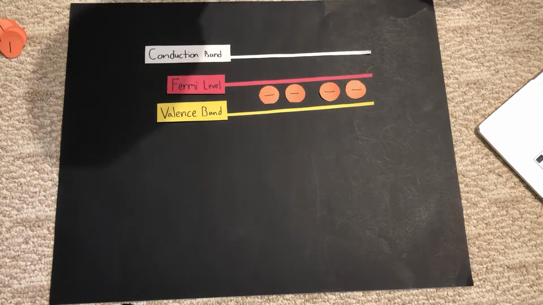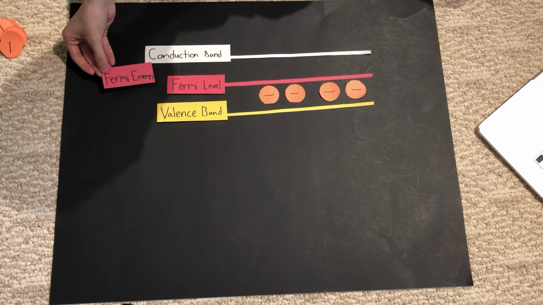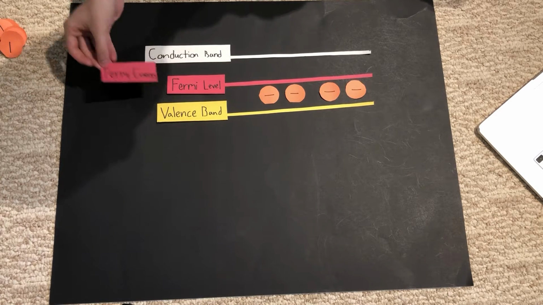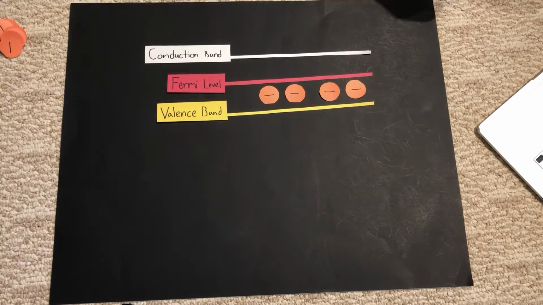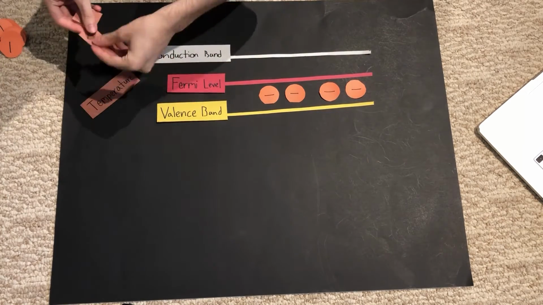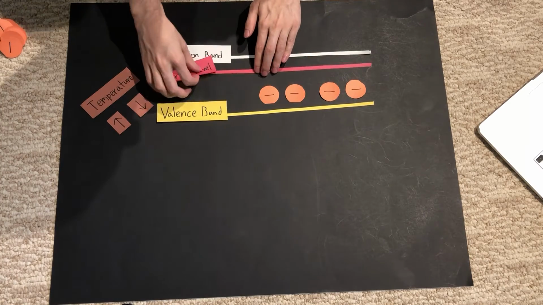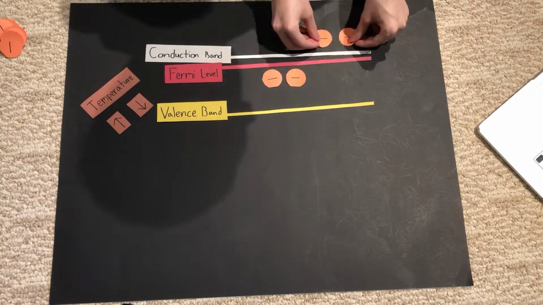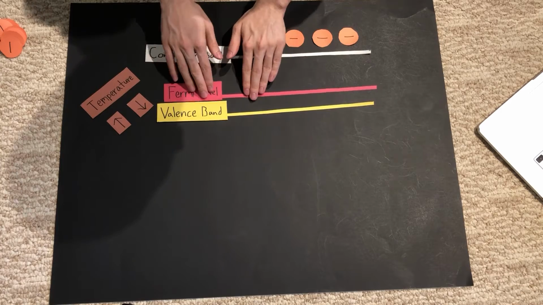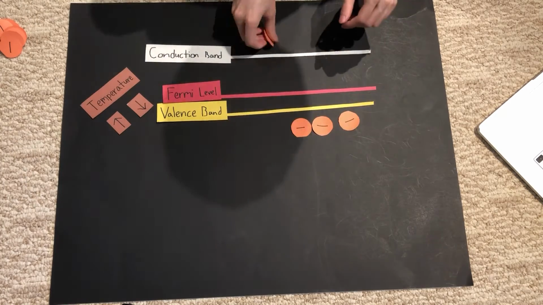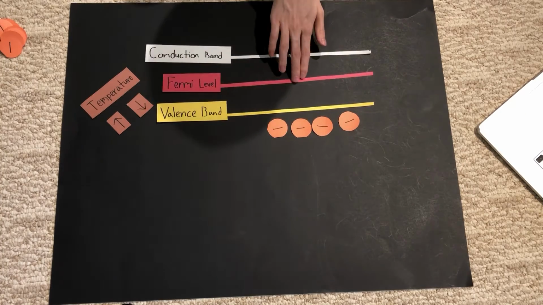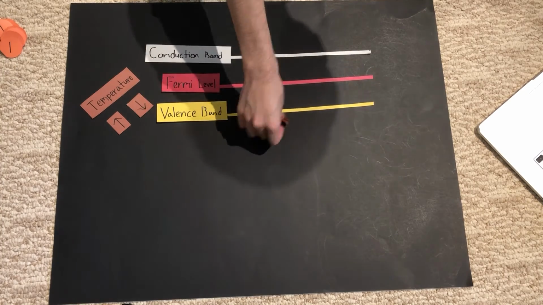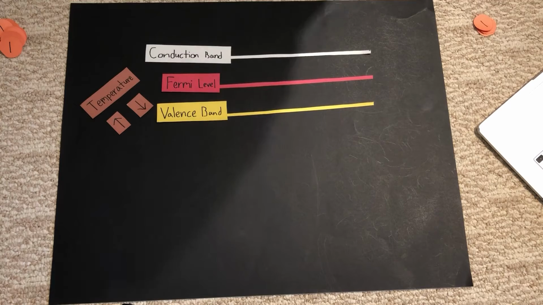However, one of the cool things that makes semiconductors interesting is that the Fermi level can be modified with temperature. So as temperature goes up and down, the Fermi level can go up, where electrons will have an easier time getting across, or down, where electrons will have a harder time getting across.